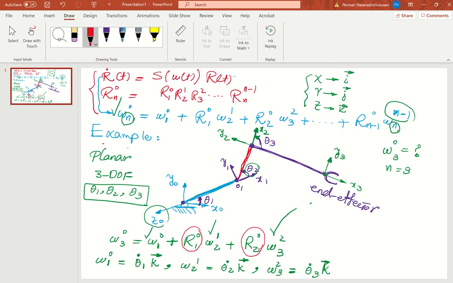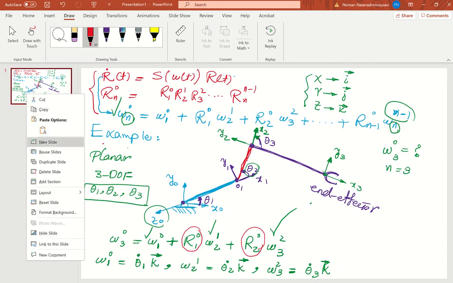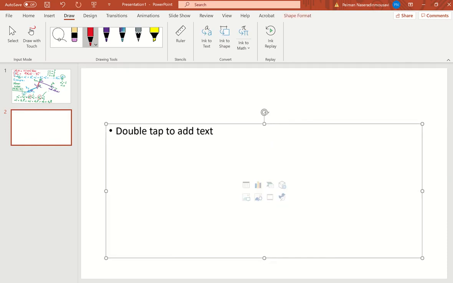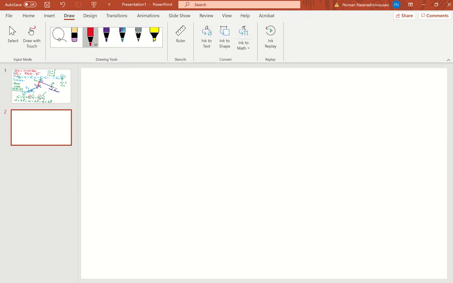R1 respect to 0, rotation matrix of frame 1 respect to 0. How are we going to do that? From the second class, directional cosines. This is rotation matrix, not homogeneous matrix. Just be very careful.